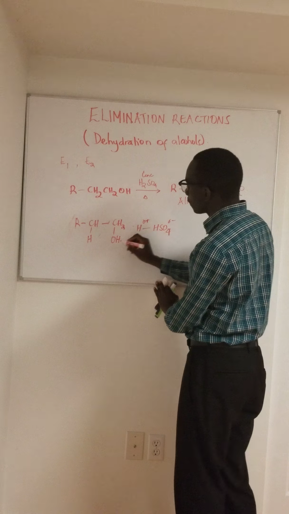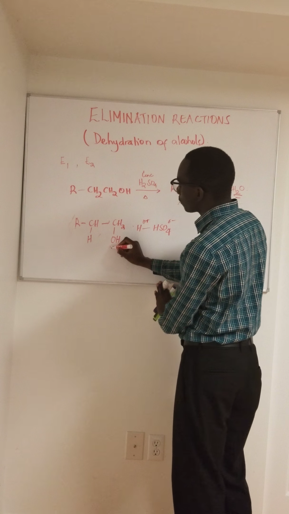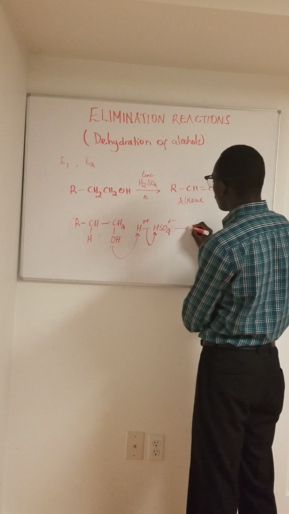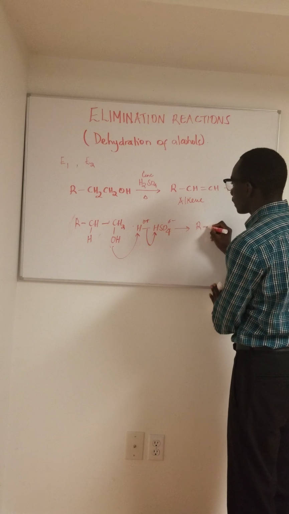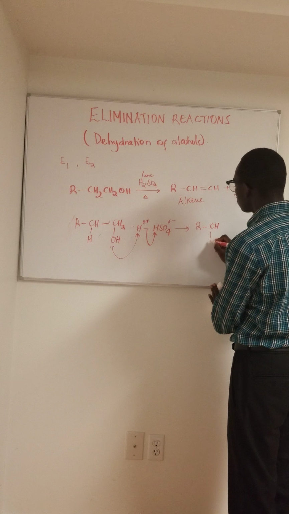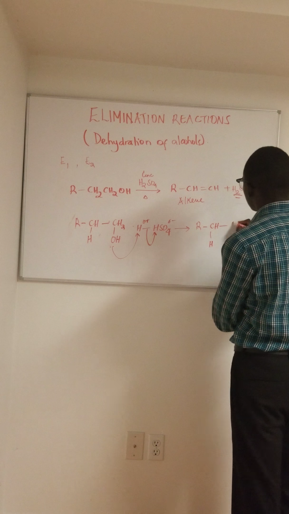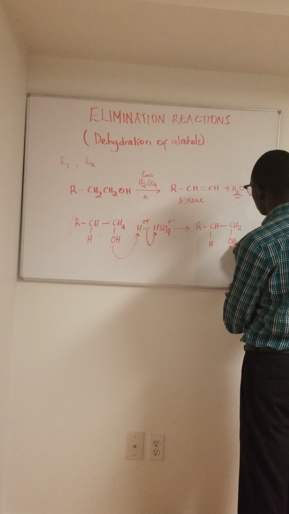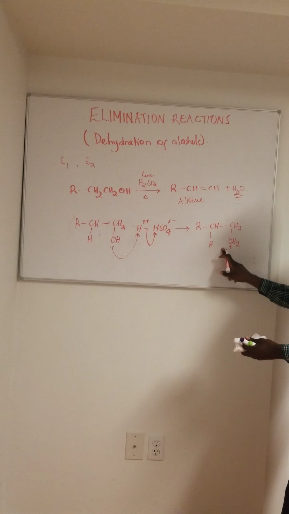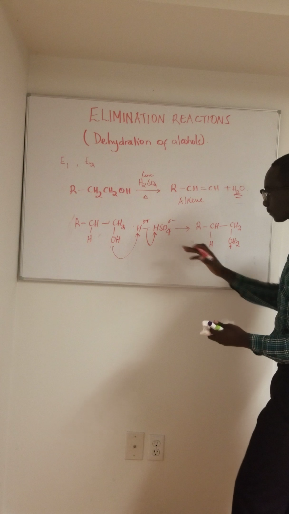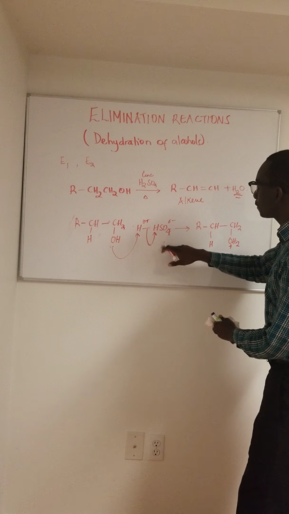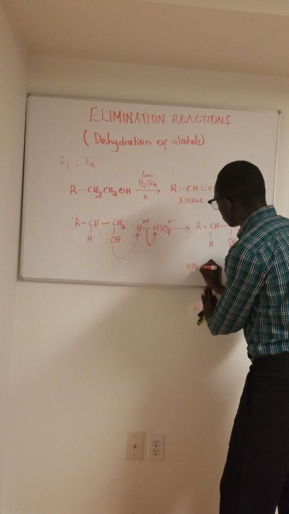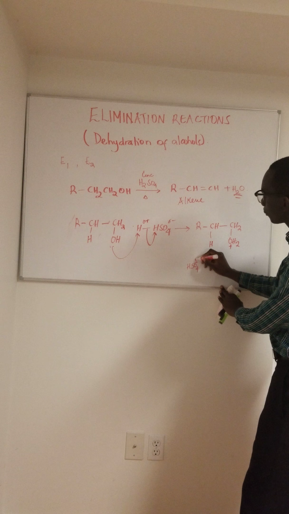So this oxygen's lone pair of electrons will attack this hydrogen, and this bond breaks off. Then we form something like this. The oxygen gets a positive charge, and this hydrogen sulfate ion comes back to take a proton.